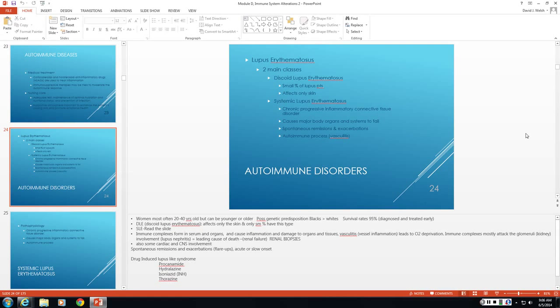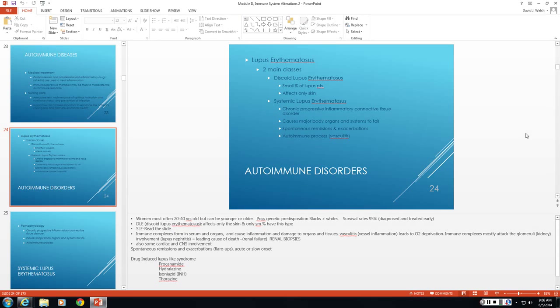Okay, the biggest one is the SLE, which is basically a chronic progressive inflammatory disease of the connective tissue. It causes major body organs and systems to fail. Also, there are spontaneous remissions and exacerbations of this. And the autoimmune process, or vasculitis, occurs.